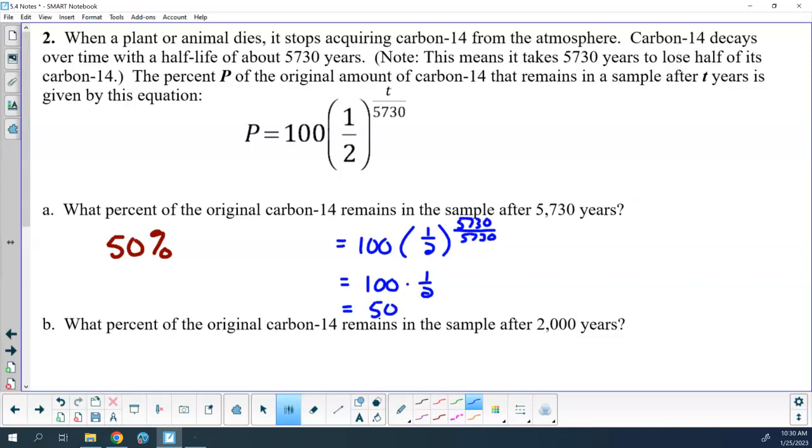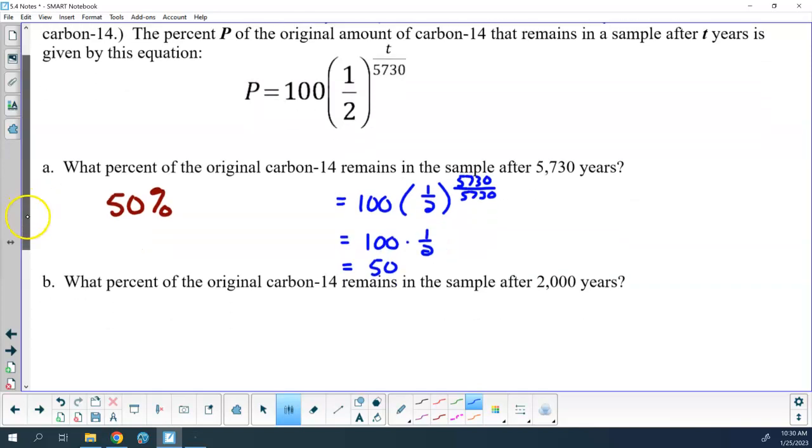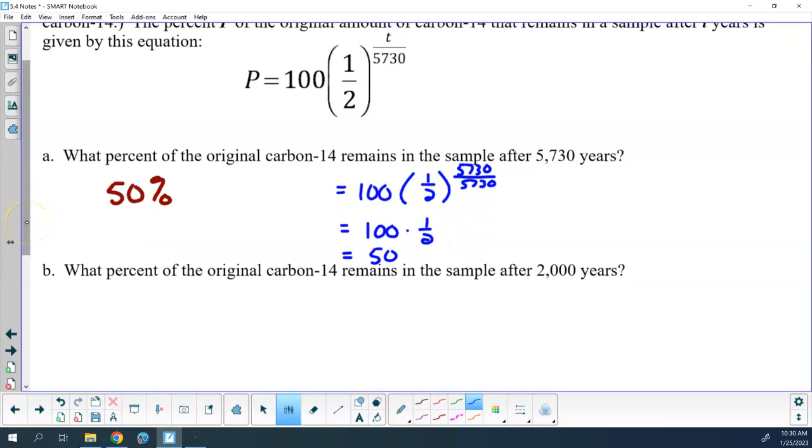Either way. Okay. What percent of the sample is left after 2,000 years? Well, now we're going to have to plug in 2,000 into our function. 1/2 to the 2,000 over 5,730. Need my calculator.